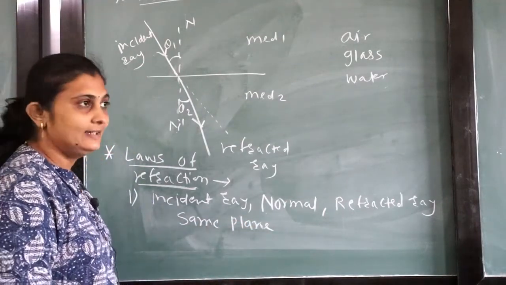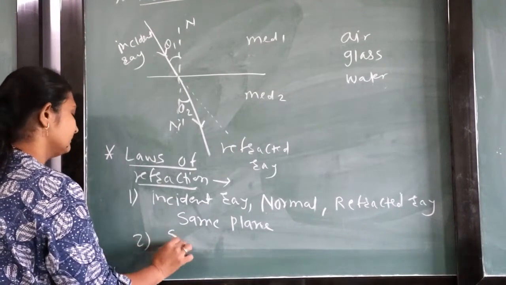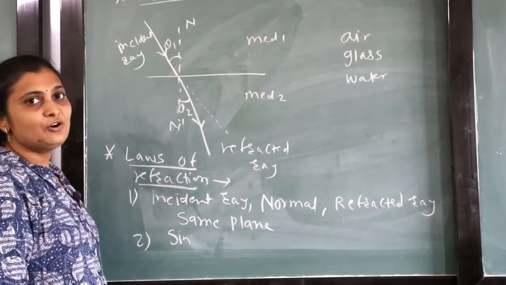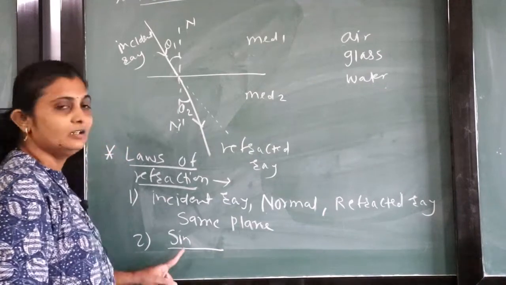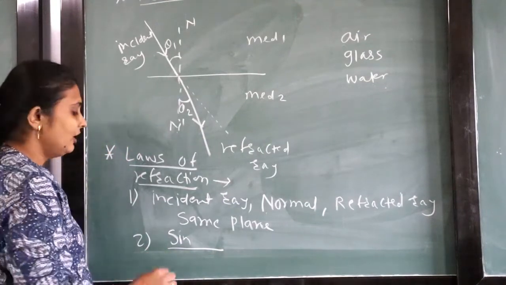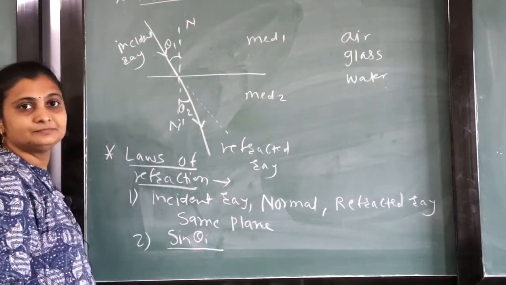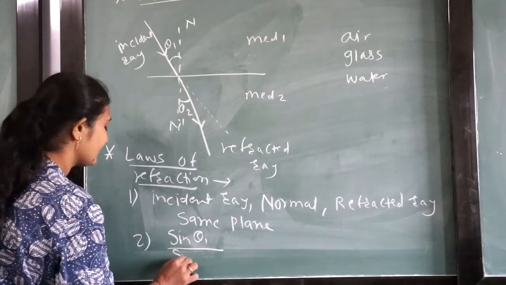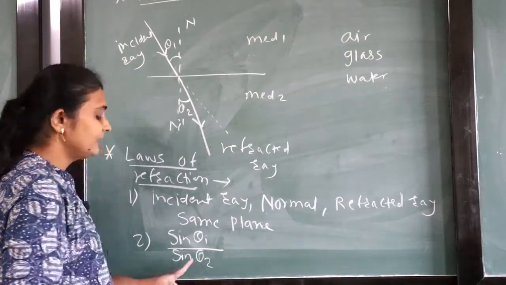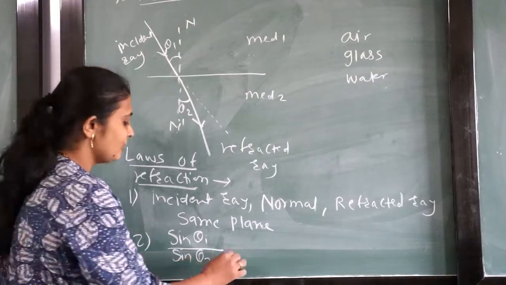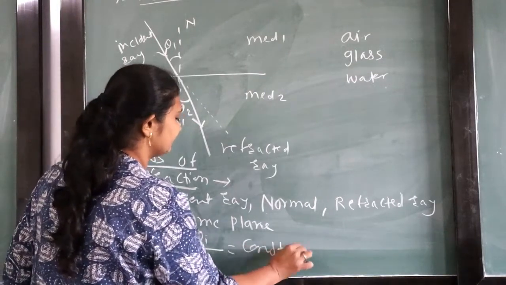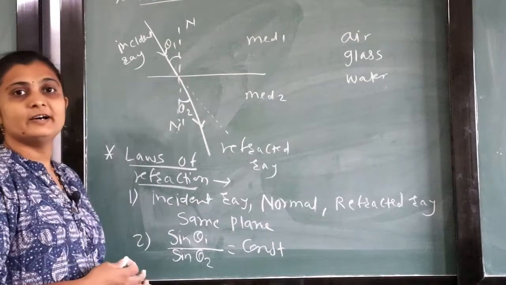And second law: the ratio of sine of angle of incidence to sine of angle of refraction is always constant. These are the two laws of refraction.